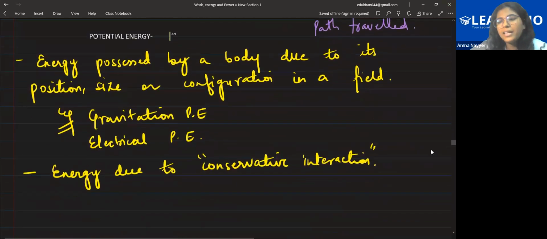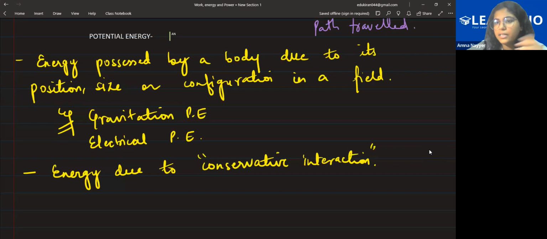So I'll start. Now, the concept of potential energy is not just limited to your class 11 concept. You have to be very clear about potential energy because identification of potential energy is difficult. When we were talking about kinetic energy, it came into the system whenever any motion of the body began.